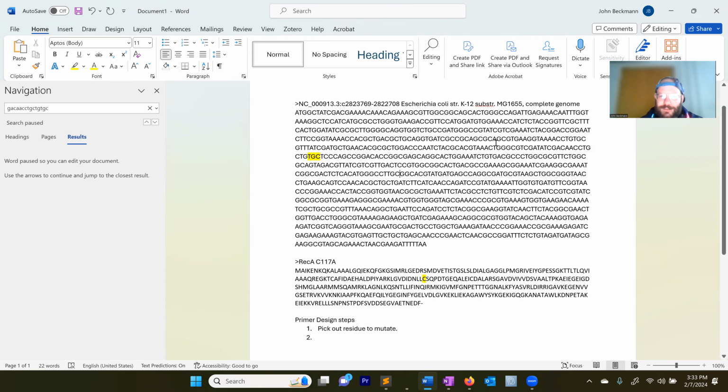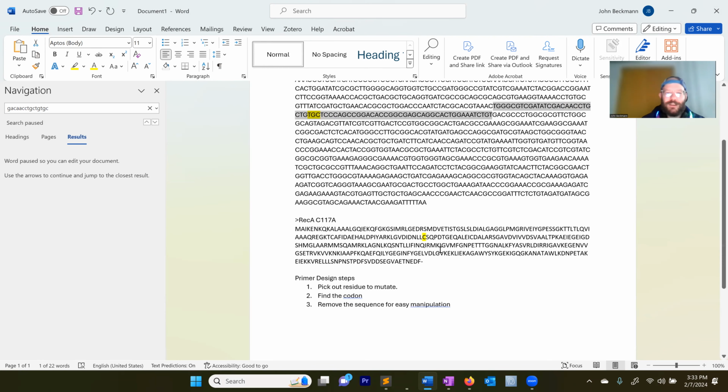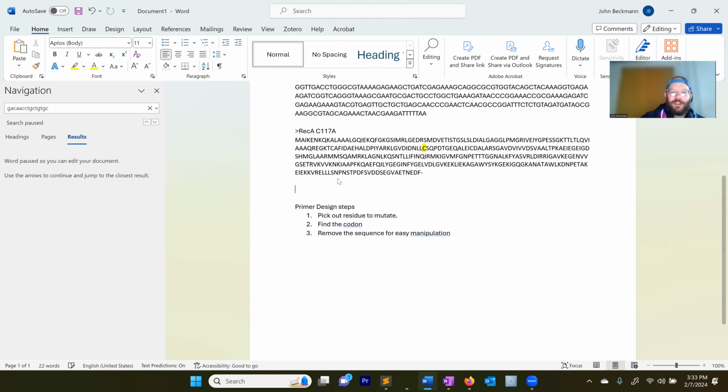So first thing, now that we found the codon, step 2, find the codon. Step 3, remove the sequence for easy manipulation. I'm going to take this sequence and pull it out down below so it's easier to manipulate. I'm going to grab some on the left of it and some on the right of it. Let's put it down here.